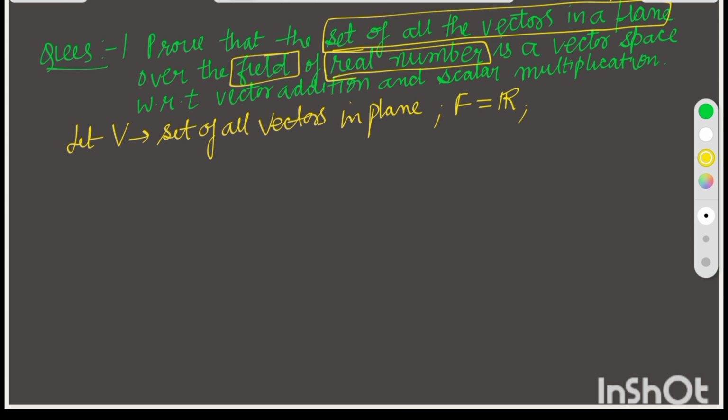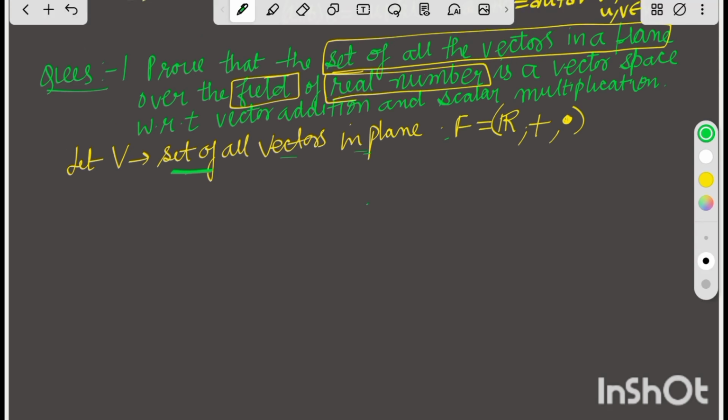We are not provided any operation of the field, and we know the usual field with respect to the set of real numbers. It is R with respect to addition and multiplication. So this is the field. What are the elements in this set?